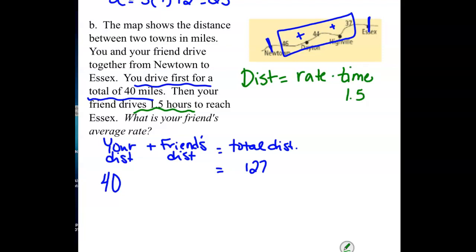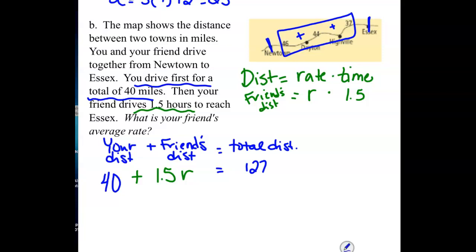We're being asked to figure out what the rate is, but that will give me my friend's distance. Okay? So, for friend's distance here, I'm going to replace this with 1.5 times r. 1.5 hours at some unknown speed, and we cover the 127 miles total.